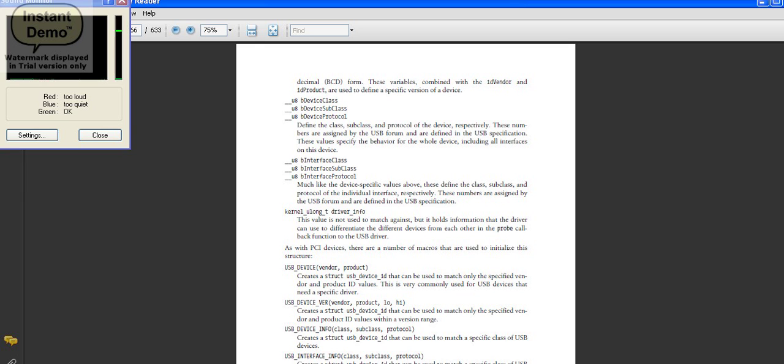Each device with isochronous endpoints uses alternate settings for the same interface. USB interfaces are described in the kernel with the struct usb_interface structure.